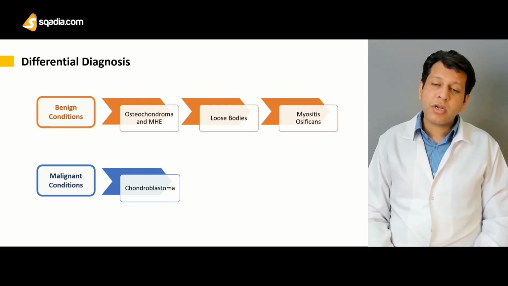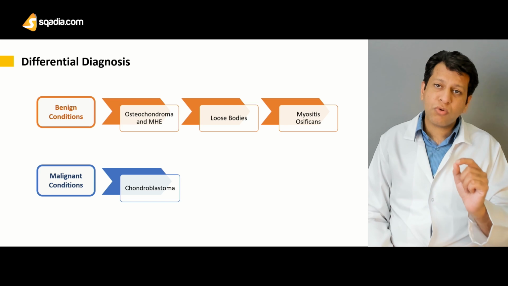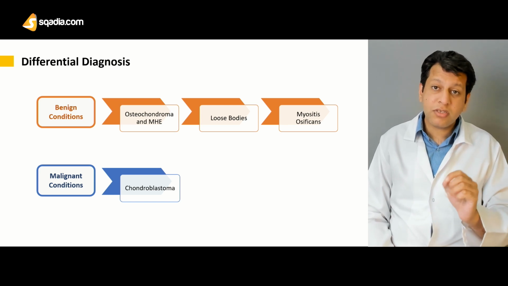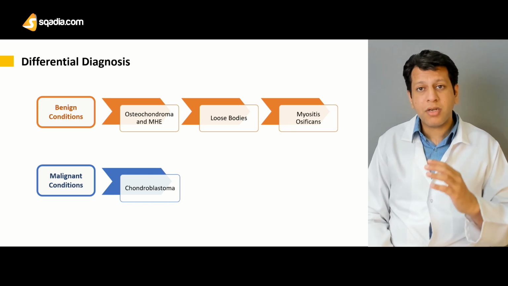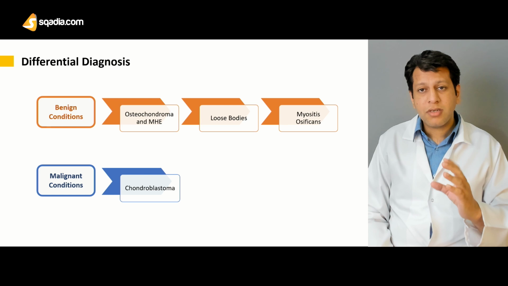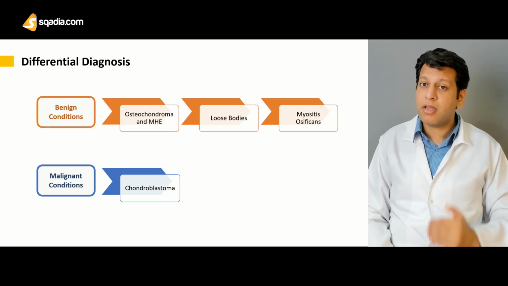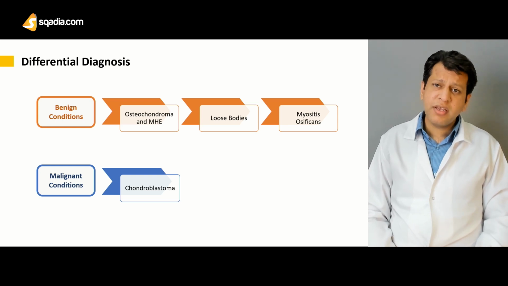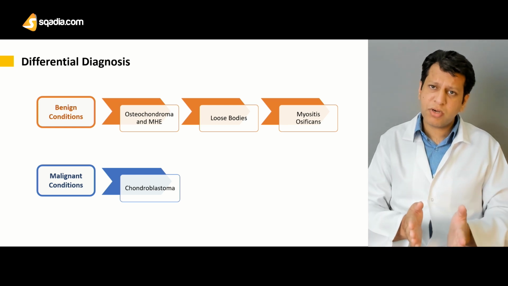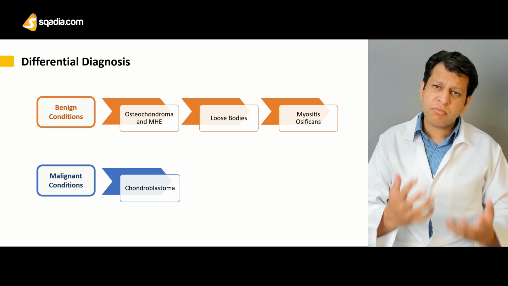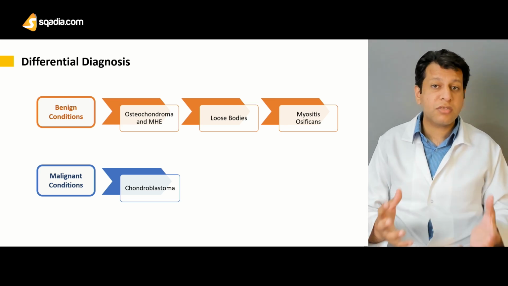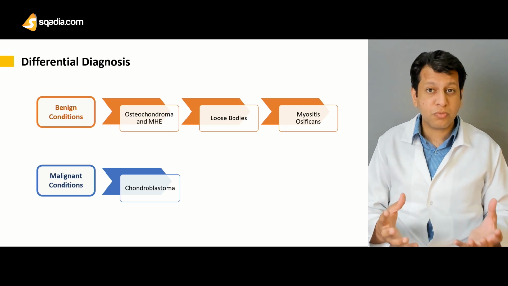But what is important is that chondroblastoma is sometimes present in the epiphyseal region, and it may or may not protrude into the joint, but most of the time it does not. But at times, in the epiphyseal region, it protrudes into the joint and it contains stippled calcification. Therefore, it's very difficult on X-ray at times to comment whether this is synovial chondromatosis or chondroblastoma, because even synovial chondromatosis loose bodies or cartilaginous bodies can sometimes be of a smaller size as well.